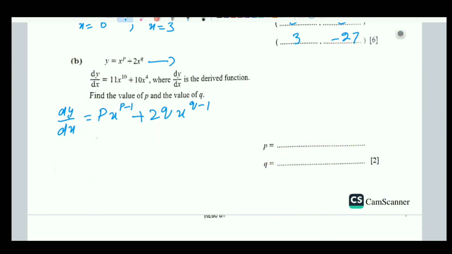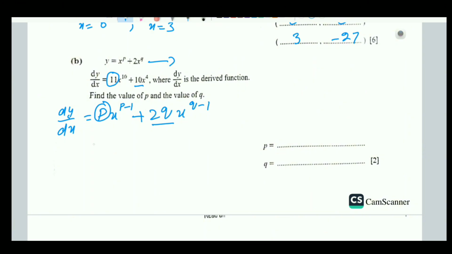By comparing, p is 11, and by comparing, 2q is 10.